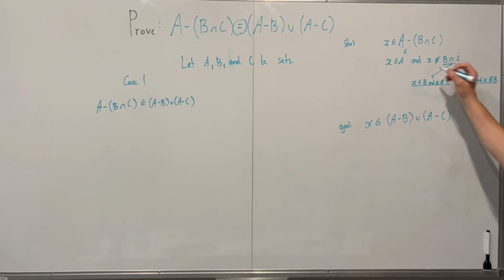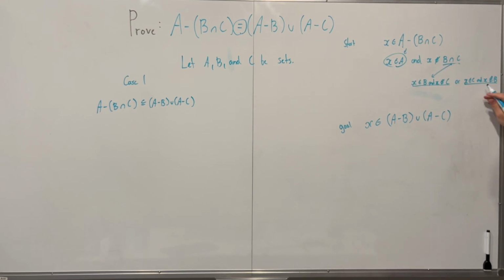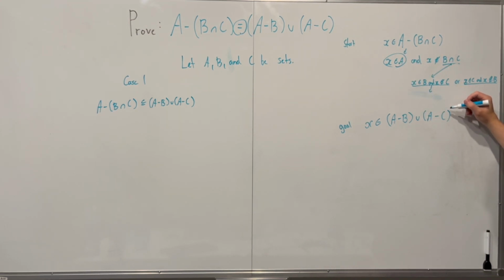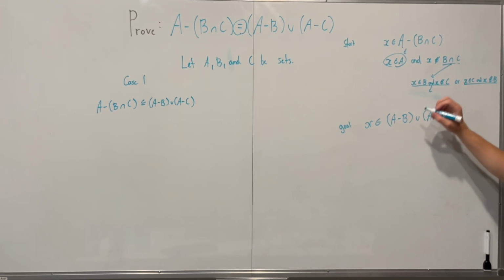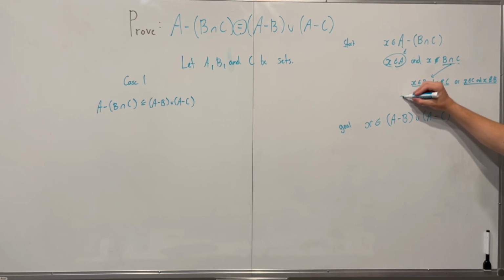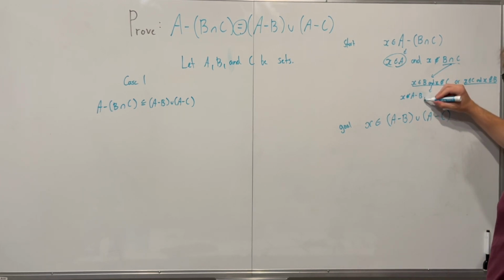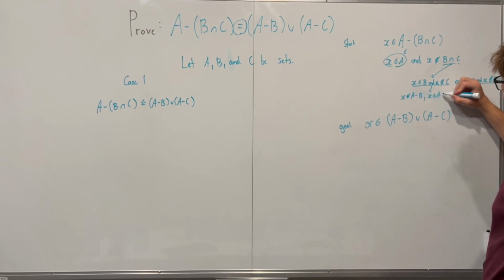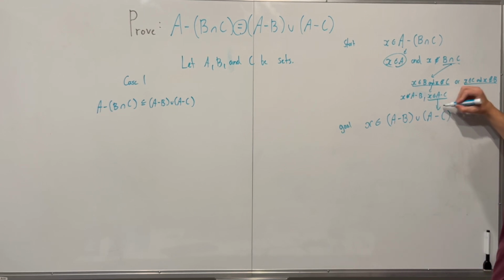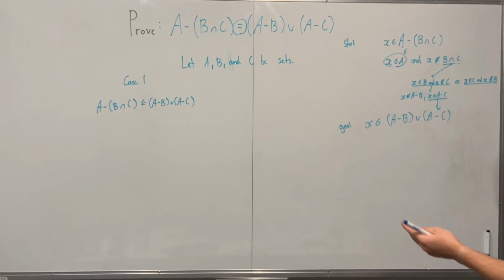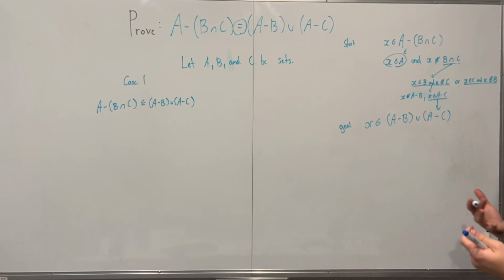Well, we know both cases mean x has to be in A. So, okay, if we take this case, x has to be in A and x has to be in B, which means x cannot be in A minus B. So this means x cannot be an element of A minus B. However, because x is not in C, we know that x will be an element of A minus C. So we get from here to here, and if it's an element of A minus C, then it'll obviously be an element of A minus C unioned with anything.